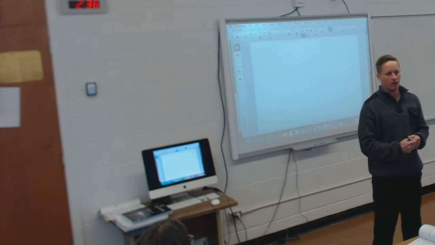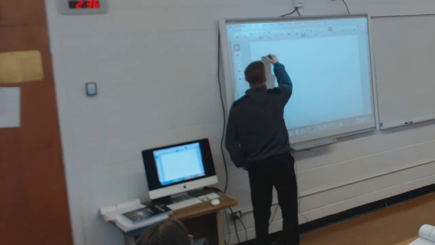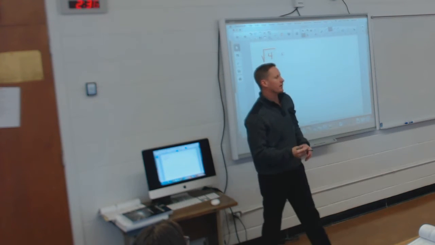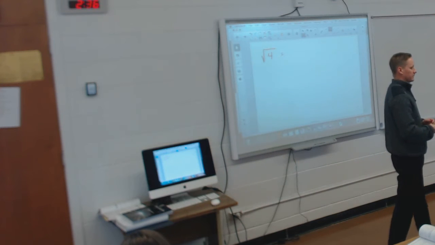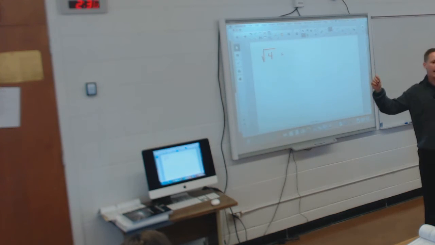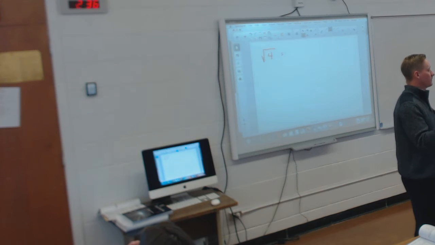Here's one that you don't know and you don't see very often. If I ask you, what is the square root of 4? 2. You all agree it's 2? If I wanted to write that, instead of the square root, as an exponent, anybody know how to do that?